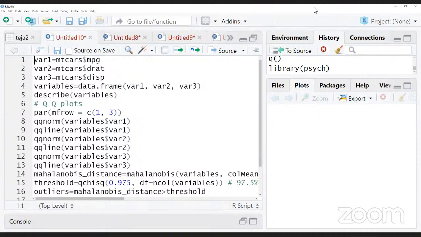So suppose there are more than two variables, then why will we consider it multivariate? Yes, please. Who will say? Why is it called multivariate?